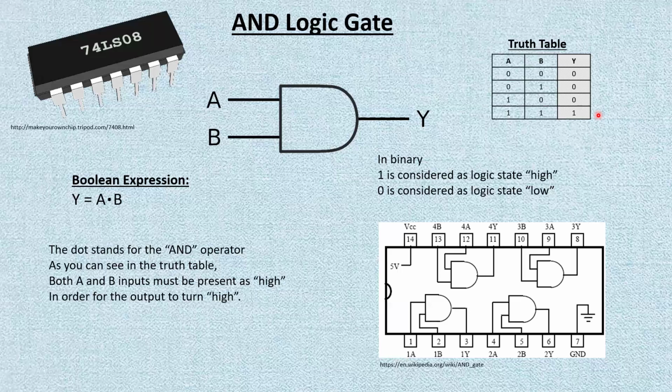So I'm going to use that terminology interchangeably. In an AND gate, obviously both of those inputs have to be on in order to produce the output. So both of the inputs have to be true in order for the output to be true.